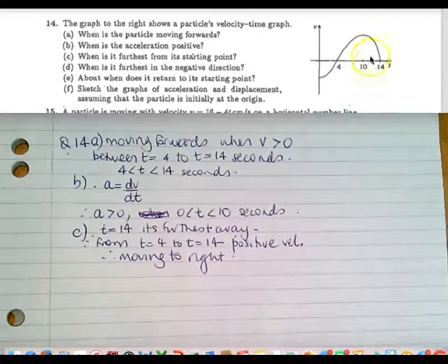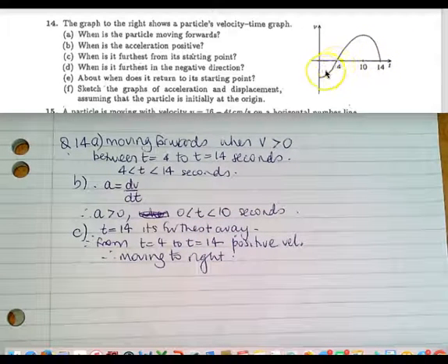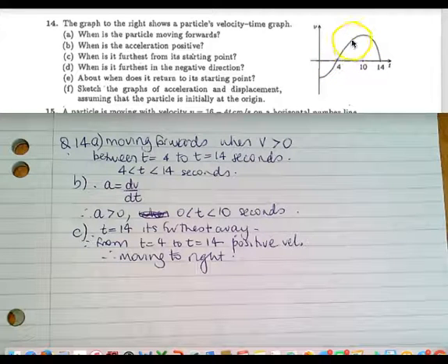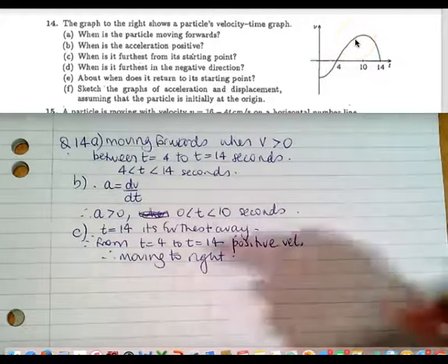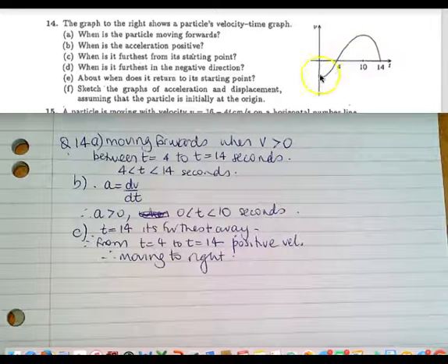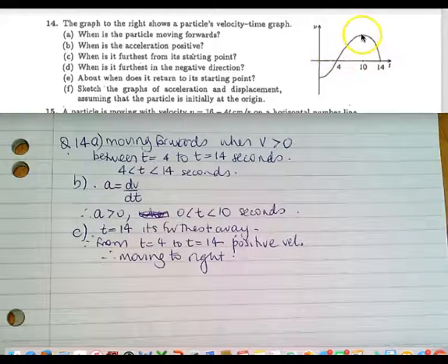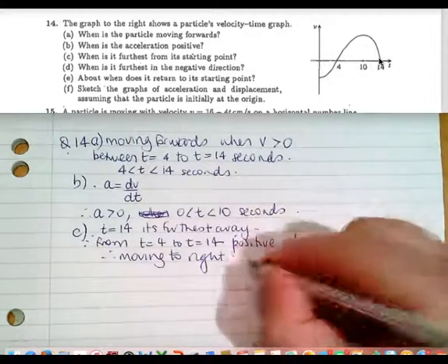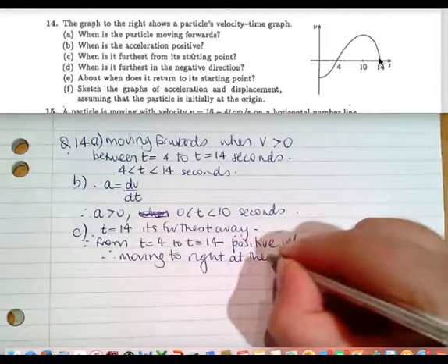Okay, we do have some negative velocity for the first 4 seconds, so it's moving to the left, but then it's moving back to the right again. So once we've passed, let's say, this amount of time, which will counteract those 4 seconds there, we're just moving further and further away from the origin, so it's moving to the right at that time.